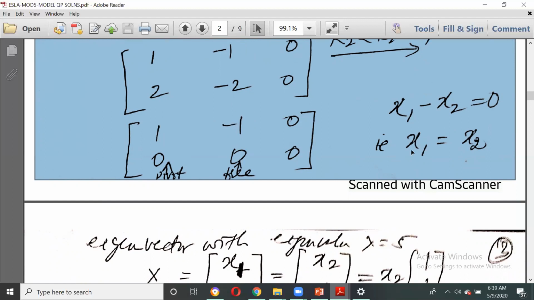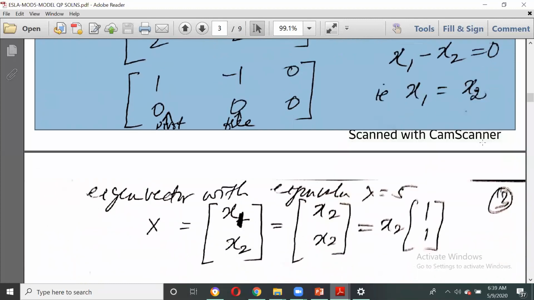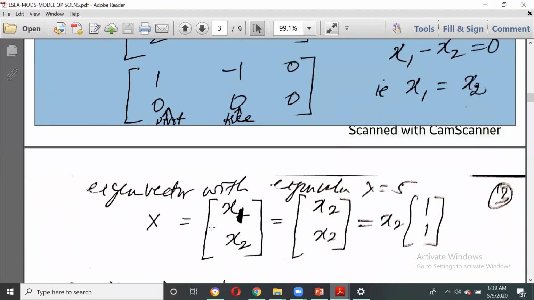So the pivot variable should be written in terms of the free variable, x1 equal to x2. So x will be equal to x1, x2, that is x2, x2, with x2 common, 1, 1. So the eigenvector for lambda equal to 5 will be 1, 1.